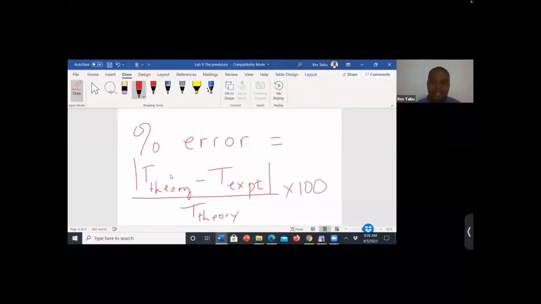There is an absolute difference here, so whatever you get has to be positive. T theory minus T experiment divided by T theory, multiplied by 100. That would be the percentage error.